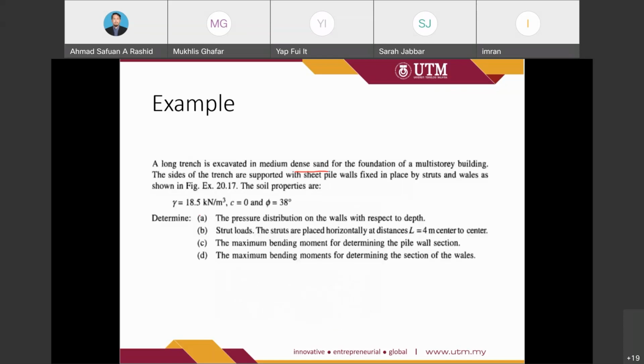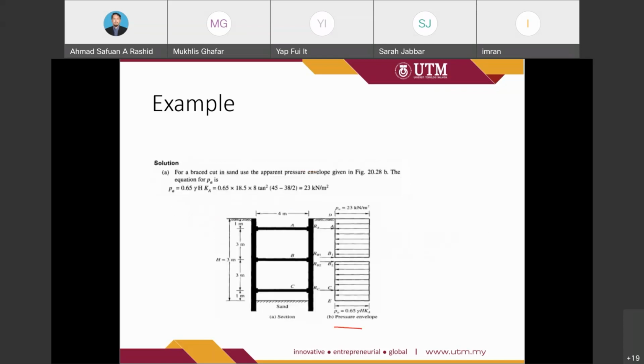The unit weight is 18.5 and KA could be determined based on tan squared of 45 minus 38 over 2. Then the value for KA is equal to 0.23. So that is the solution for A.